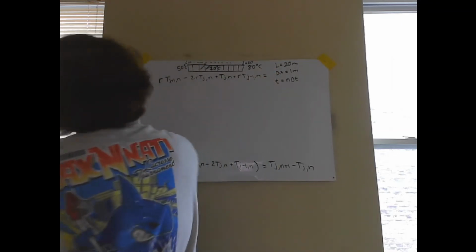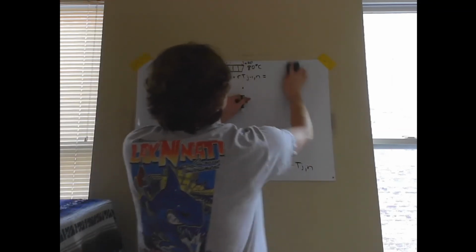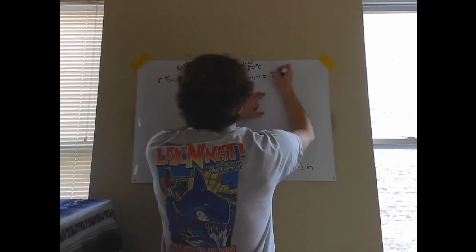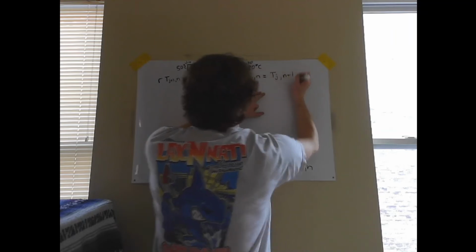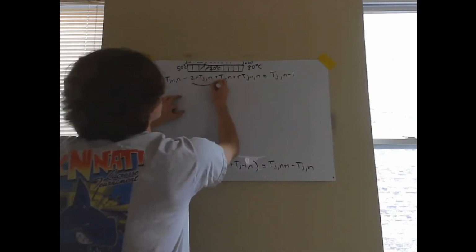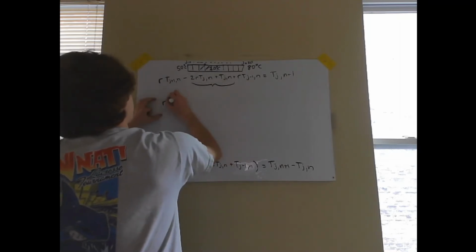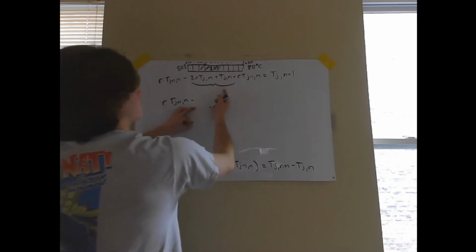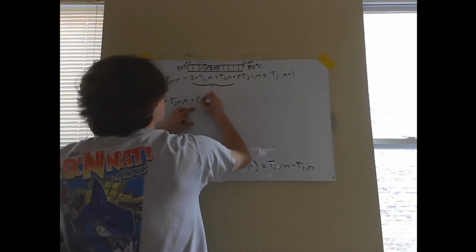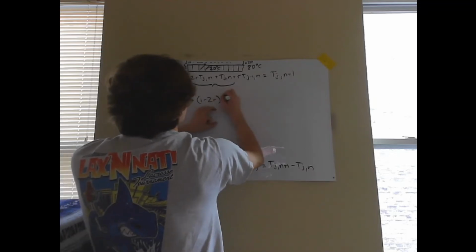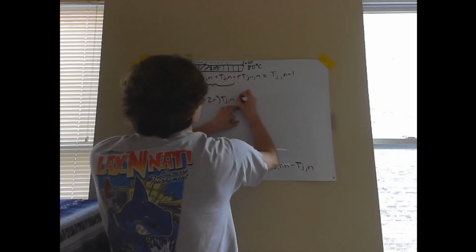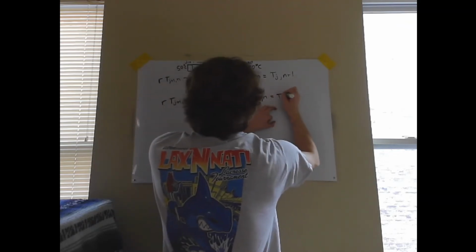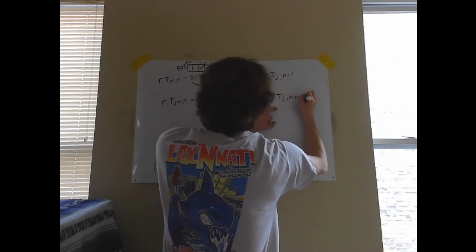And this is all equal to tj at n plus 1, which is what we're looking for. And then I can just go ahead and combine these like terms. And so this will become 1 minus 2r times tj at n plus r times tj minus 1 at n. And that's all equal to the temperature that we're looking for.